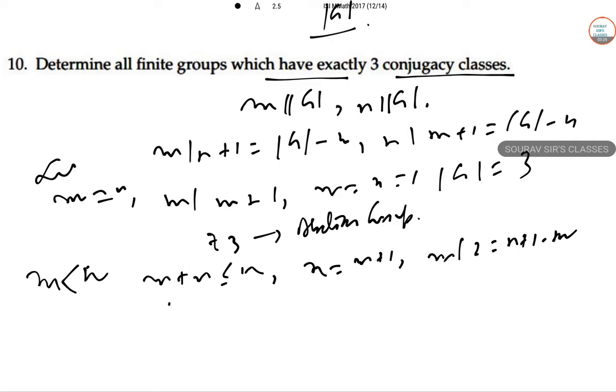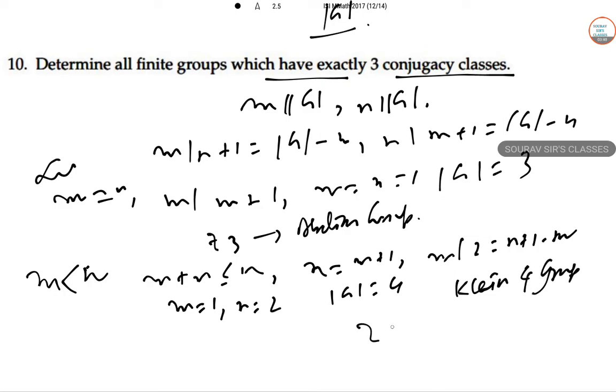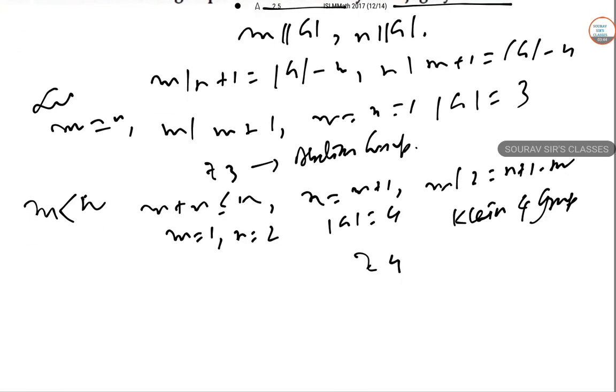So if m equals 1, then n equals 2, and |G| equals 4. The only groups of order 4 are the Klein 4 group or the cyclic group Z4. Both are abelian and thus have 4 conjugacy classes.